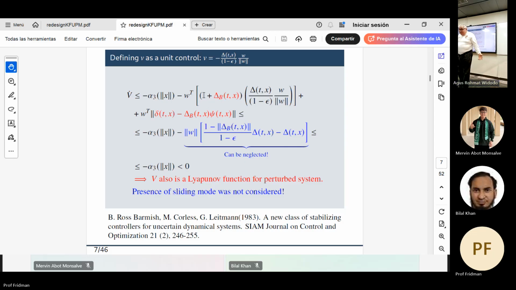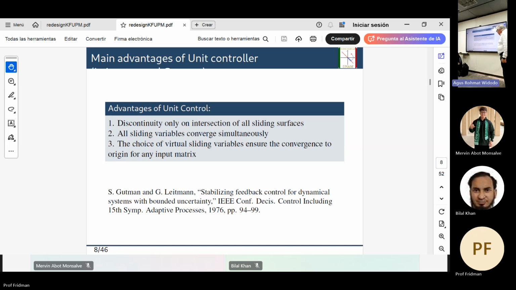That's the key point. To have the same Lyapunov function even if the system is perturbed. Why? Because I've used such a control. Good. Perfect. So that is why, what they told. Okay.